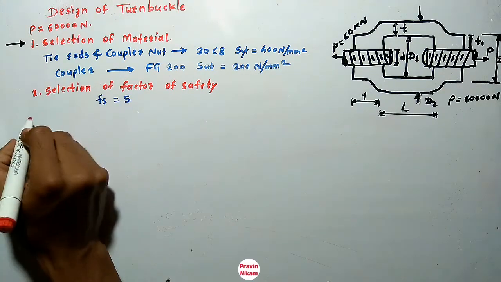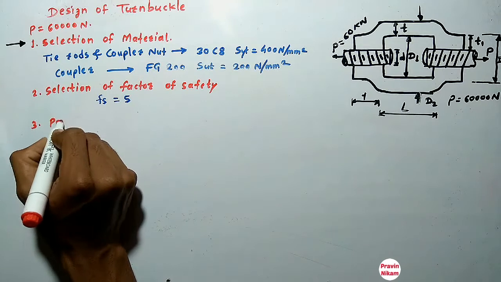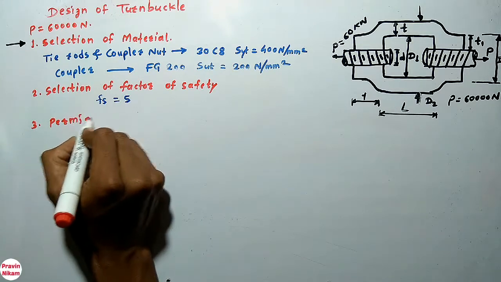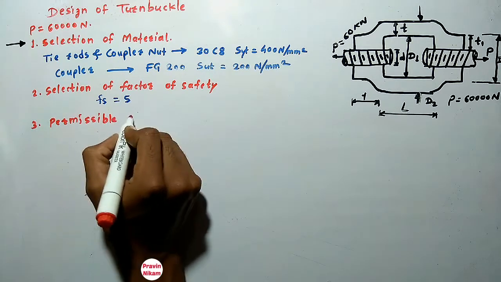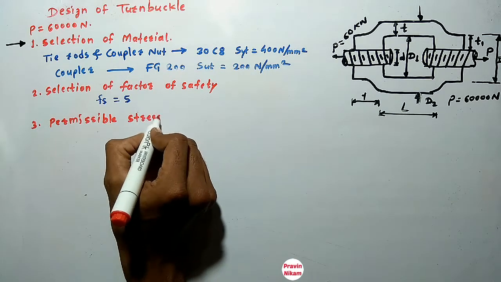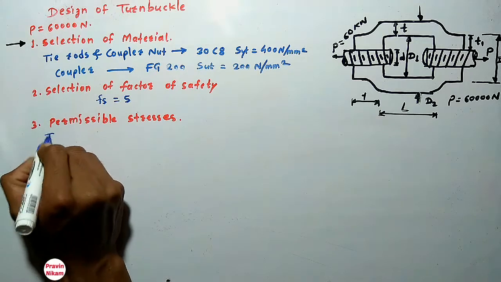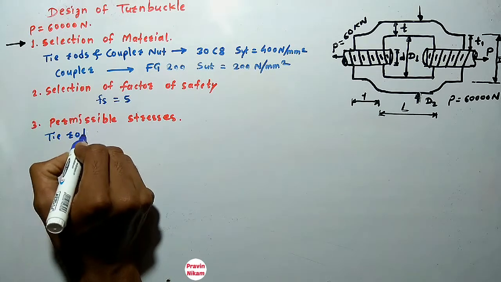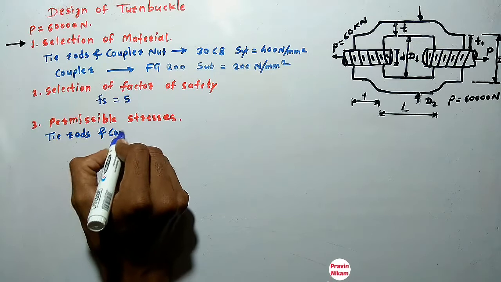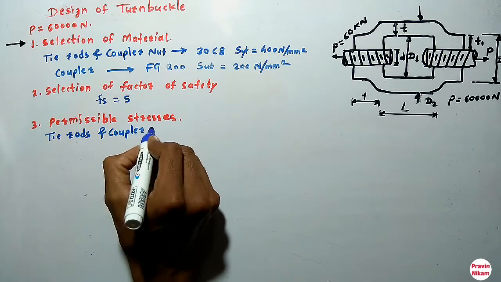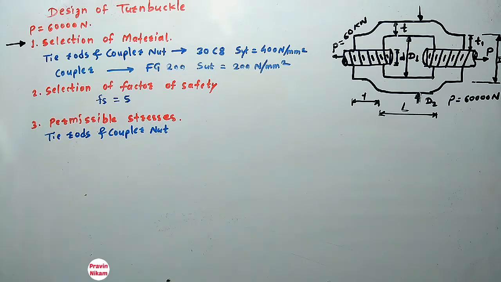Now the third step is permissible stresses. For tie rod and coupler nut, different permissible stresses are there.